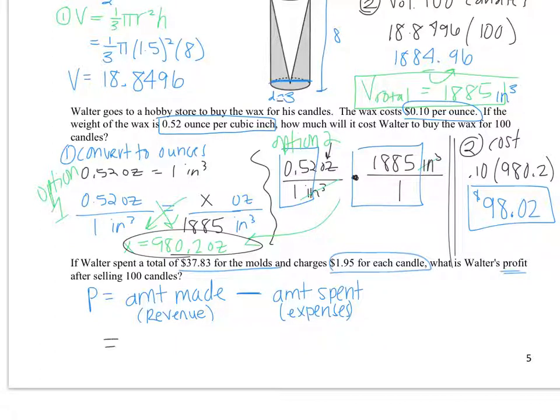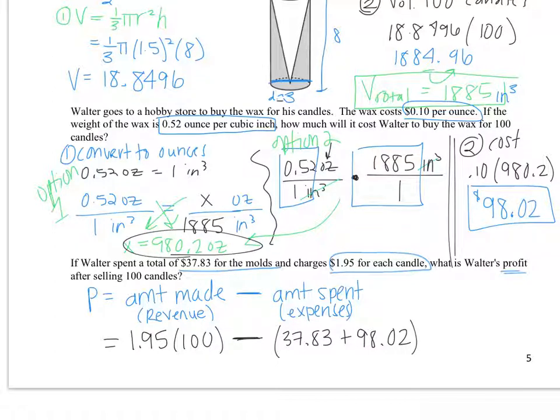Okay, so we have to figure out how much Walter made. I almost called him Robert. He charges $1.95 for each candle, so he's making $1.95 for every candle, meaning 100 of them. But we have to subtract away how much he is spending. He spent a total of $37.83 just for the molds, but don't forget he also spent $98.02 for the wax.